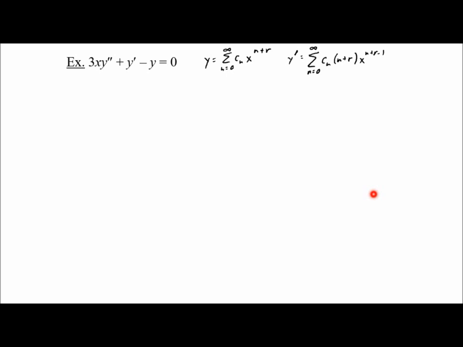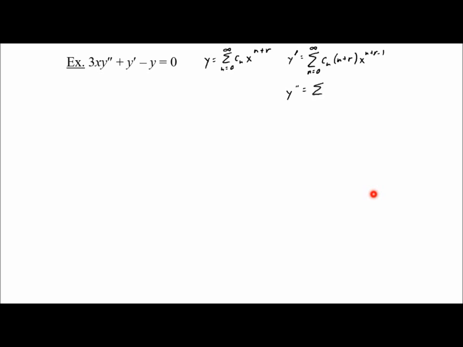When n was 0, that was our constant, and when we take the derivative, the constant goes away. But now, that constant is multiplied by x to the r power. So when we take the derivative, it's still going to be there. So notice for this method of Frobenius, the index does not change. When we take derivatives, n continues to start at 0.